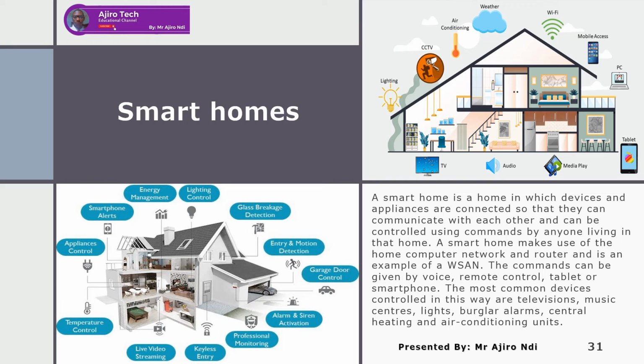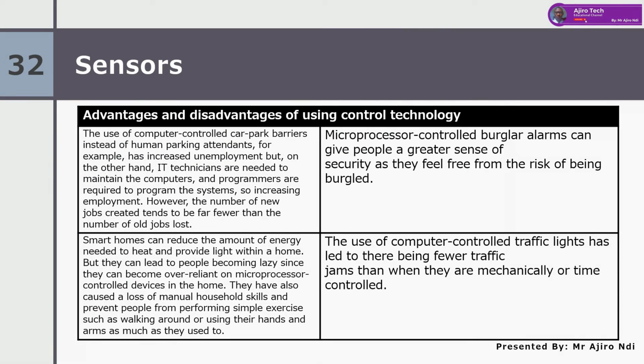The most common devices controlled in this way, right on your screen, are televisions, lights, burglar alarms, central heating, and air conditioning units. Smart homes have developed due to the increase in the use of smartphones and tablet computers, and these are continually connected to the internet and can then be used to control any number of online devices.